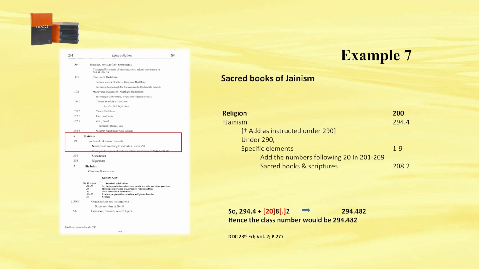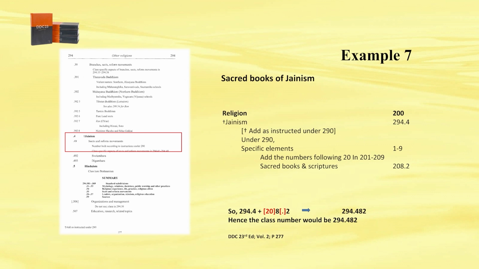Okay. Now we have to synthesize the number. So the number for Jainism was 294.4. Then as per the instruction, we have got the number for sacred books and scripture is 208.2. As per the instruction, we have to omit the first two digits of 208.2 because it has told us the number following 20. So we have to omit 20.